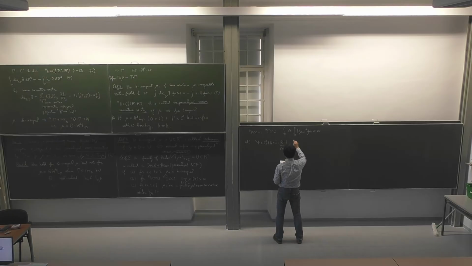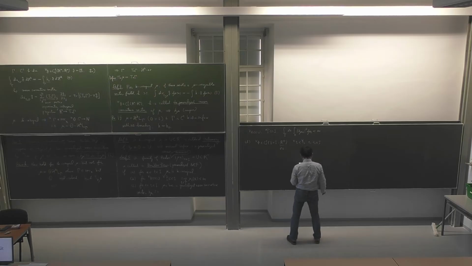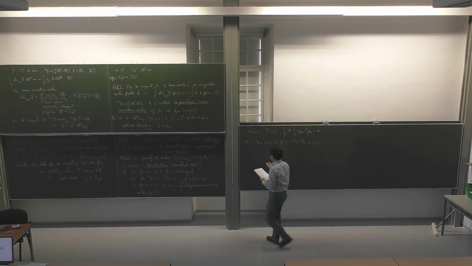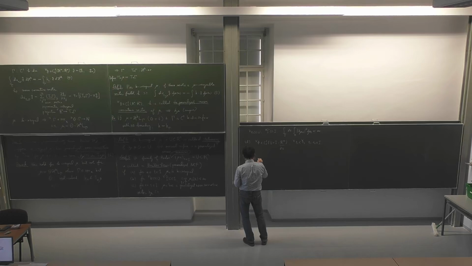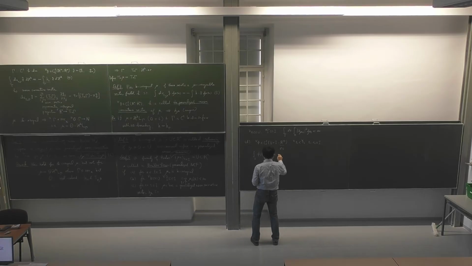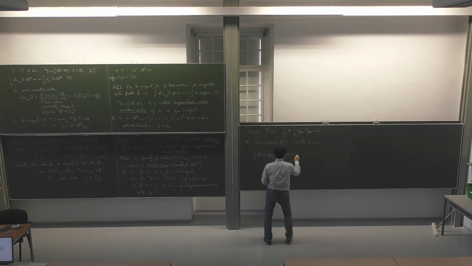And for any T1 and T2, T1, T2, and I assume these things that you saw last time, x and T2, d mu T2 minus u of phi of x T1, d mu T1.